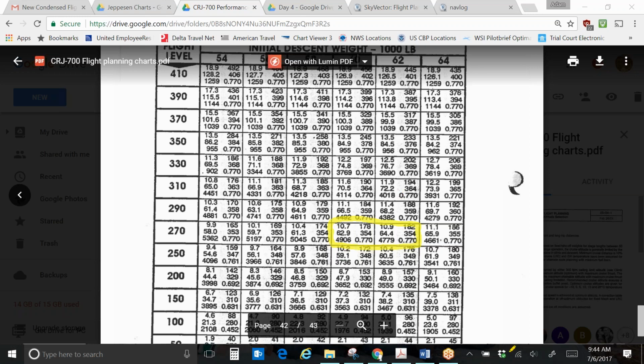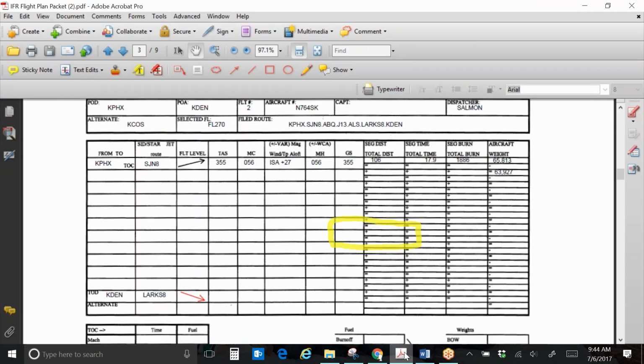So I'm going to start transferring some of this stuff over. Disregard the yellow box there for a minute. I'm going to get a few of these things already plugged in here. So 63.7 is going to be the distance. The total time is going to be 10.8.